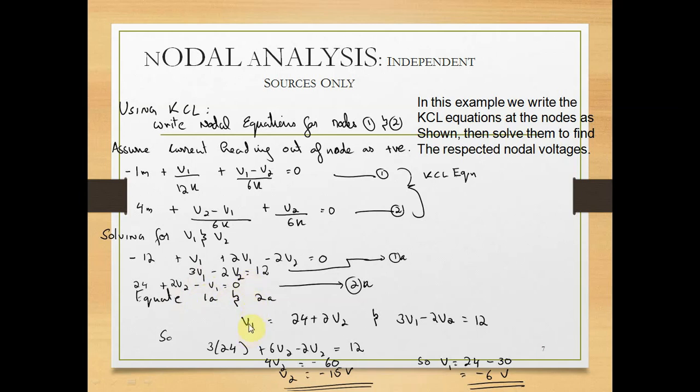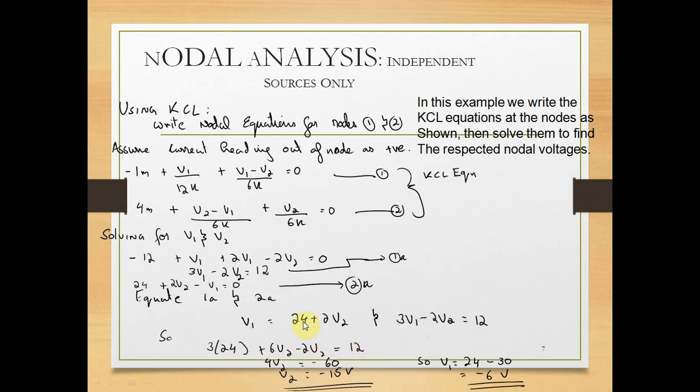Hence V1 is equal to 24 plus 2V2, and 3V1 minus 2V2 is equal to 12. Whatever the value of V1, we keep it in equation number 1a. Therefore 3 times (24 plus 2V2), then 24 into 3 plus 6V2 minus 2V2 is equal to 12.